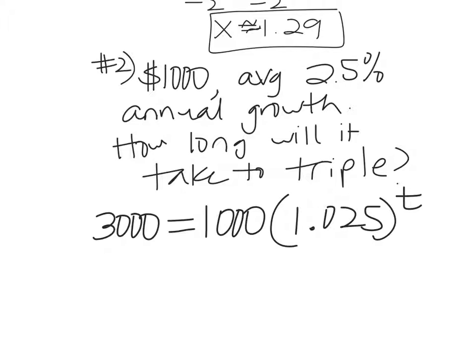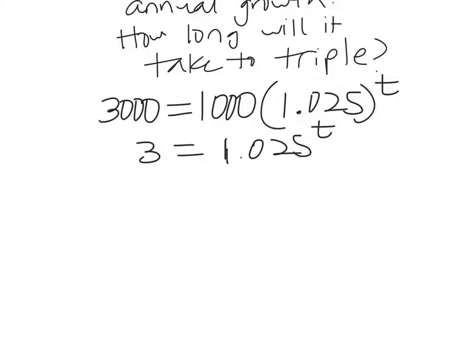Divide by 1,000, you get 3. Some of you already know how to do this because you were doing it earlier this year. You can just take the natural log of both sides. It doesn't matter.